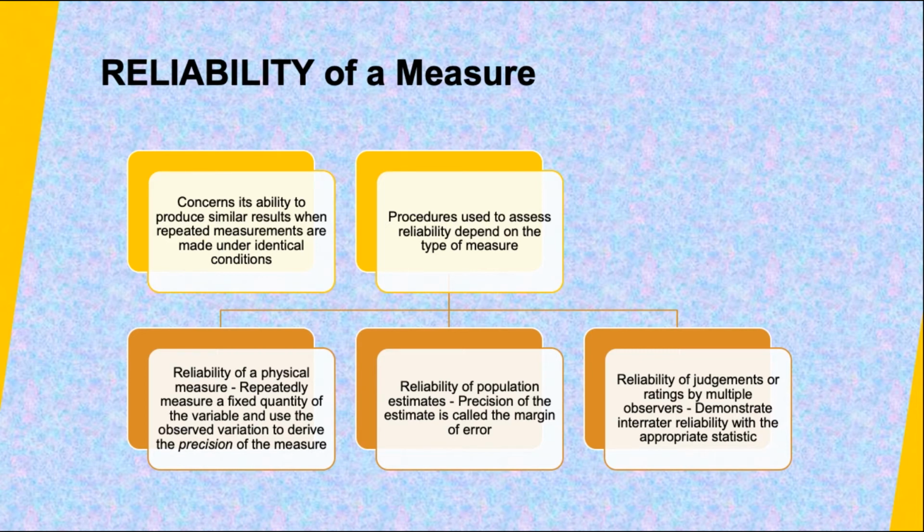You expect to see the same body weight appear on the scale each time. But if the scale is cheap or worn, the numbers may vary by 1 or 2 pounds, or even worse. So the more variability that you observe, the less reliable the measure is.